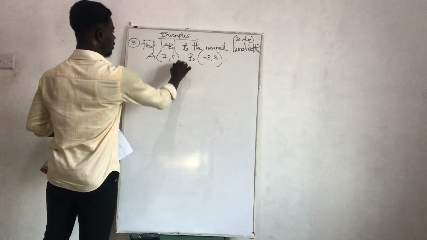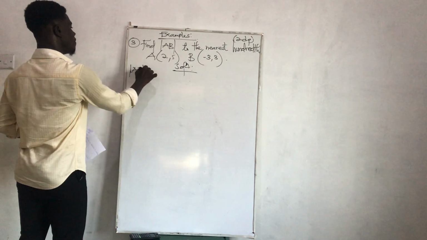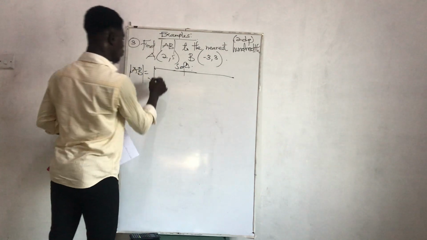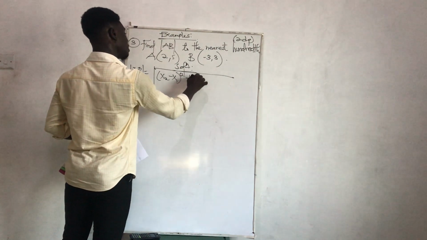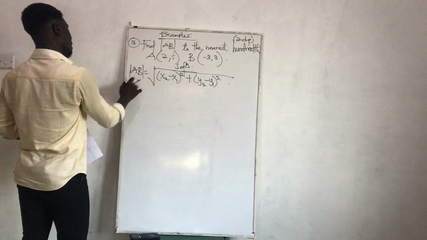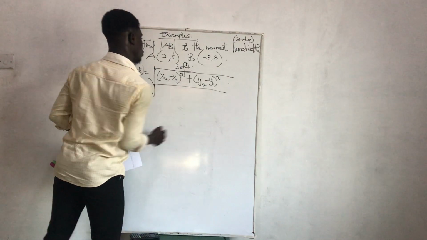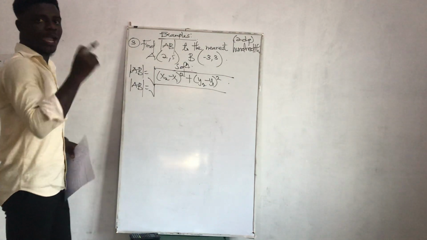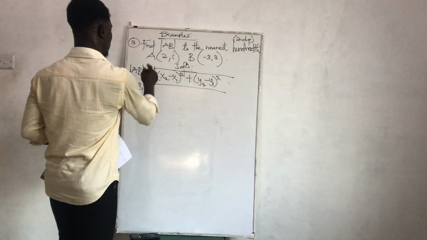So solution. How do we find the length of AB? The length of AB must be equal to the square root of (x2 minus x1) all squared plus (y2 minus y1) all squared. Now you have to denote your x1, y1, then your x2, y2. You have to take note of that too.